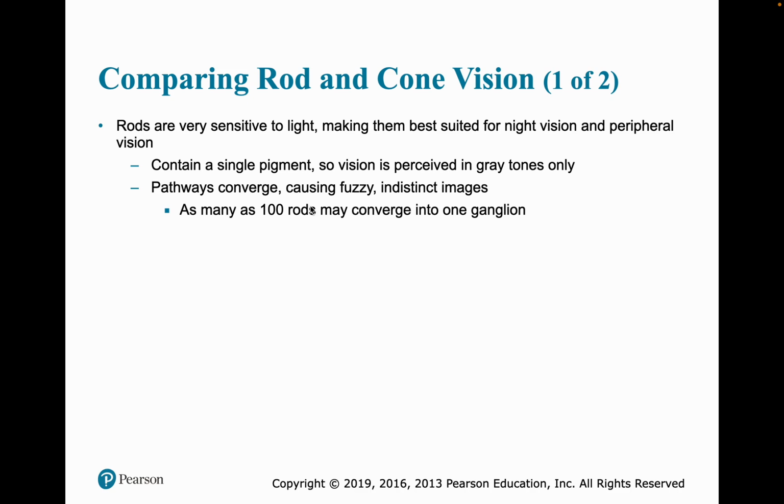So rods are very sensitive to light, making them best suited for night vision and peripheral vision. They contain a single pigment. There's only one kind of pigment, so the vision is perceived in gray tones only. Their pathways also converge, which means that we get fuzzy, indistinct images. There's as many as 100 rods that can converge into one ganglion, so we don't get nice sharp edges when using our rods.